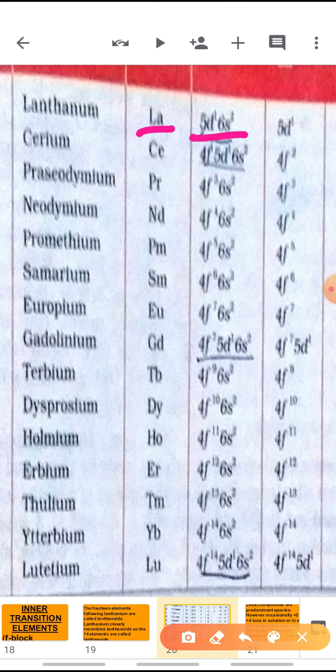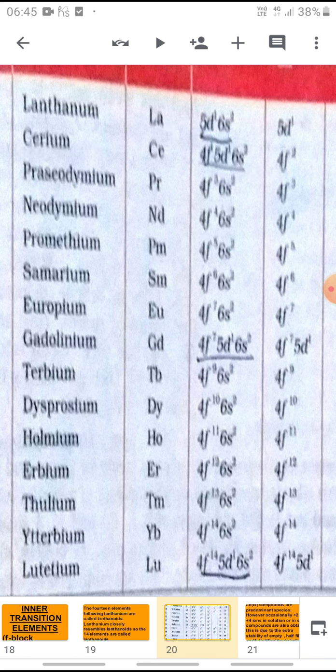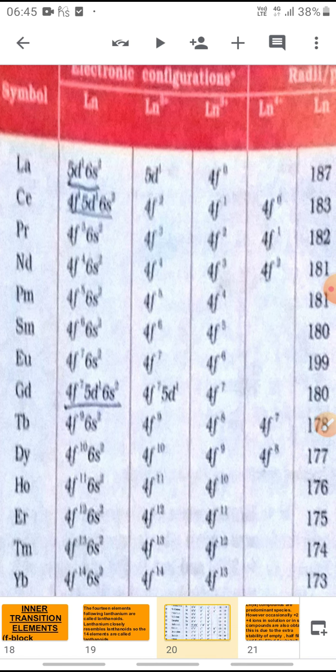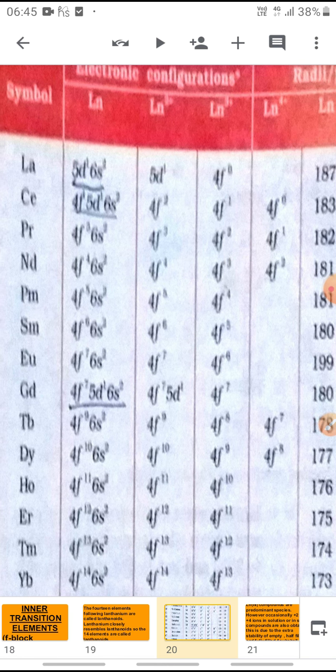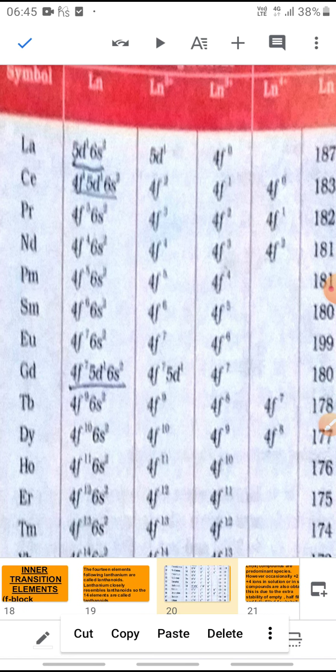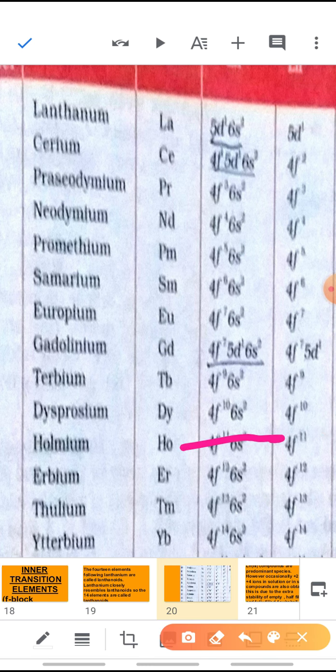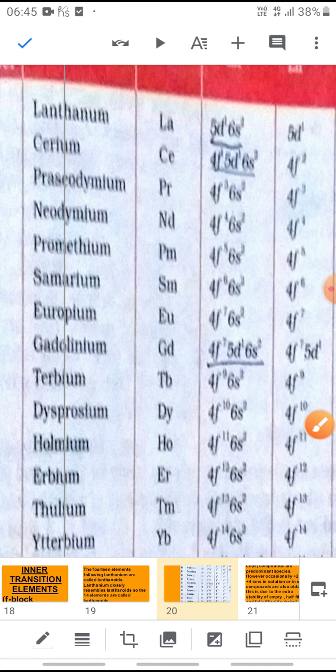Now cerium is the first one. The configuration is 4f1, 5d1, 6s2. The configuration for the ions also is given. You can see. Children, these electronic configurations you have to remember a little bit.